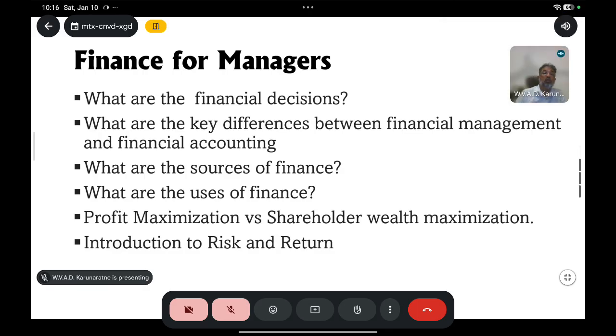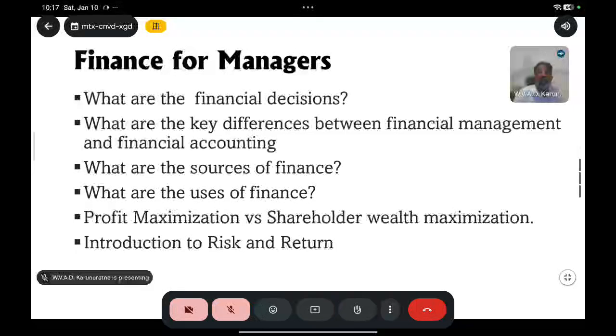You can search; you have a number of slides to identify this answer. Madam already gave those slides. What are the sources of finance? What are the uses of finance? Profit maximization and shareholders' wealth maximization, risk and return.